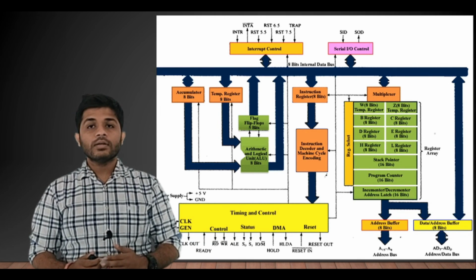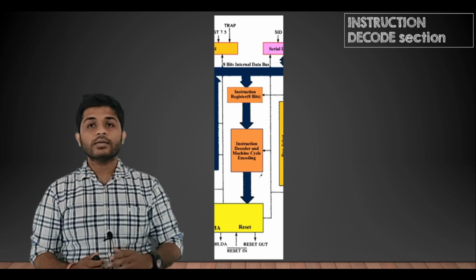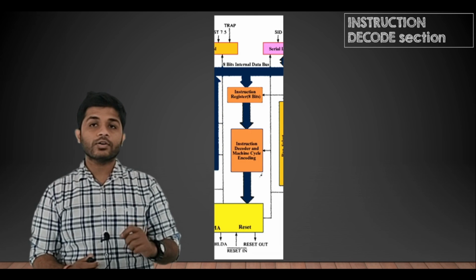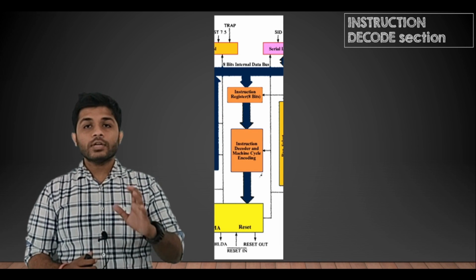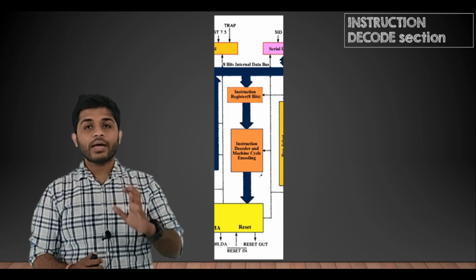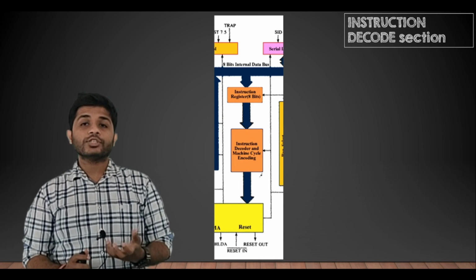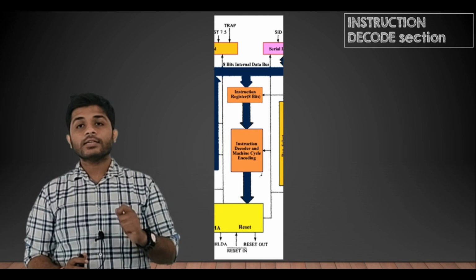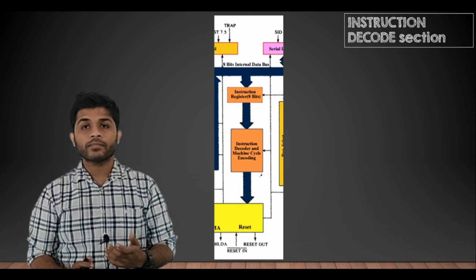Then the next block that we are going to discuss is the instruction decode section. You can see that there are 2 blocks in the instruction decode section. The first one is the instruction register, and after that there is the instruction decoder and machine cycle encoder.